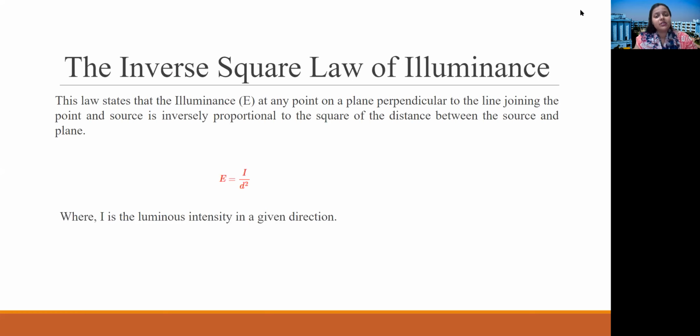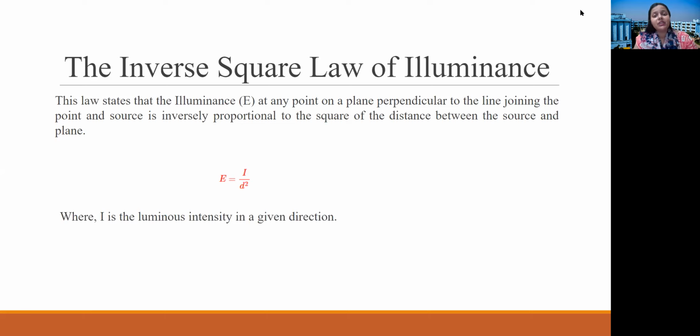So what does the inverse square law state? It states that the illumination at any point on a plane perpendicular to the line joining the point and source is inversely proportional to the square of the distance between the source and plane. Here you have to mention one thing, and it is a must: the source is considered to be a point source.